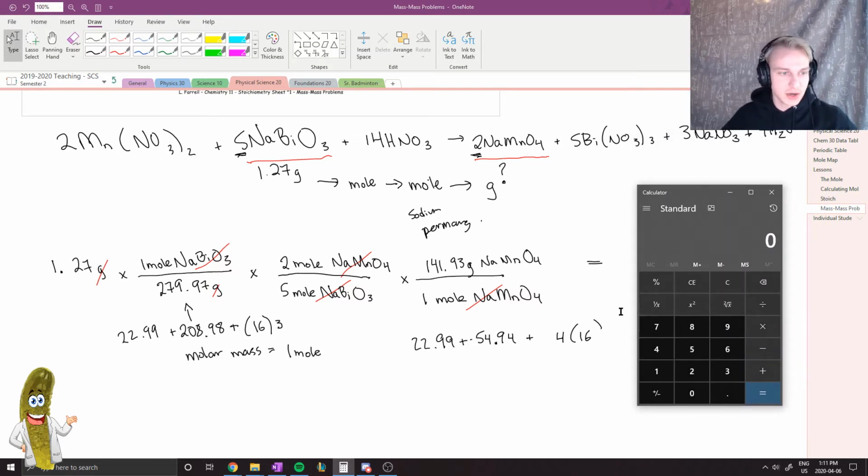So I'm going to take 1.27 and divide by 279.97. I'm going to multiply by 2 and divide by 5. And then I'm going to multiply by 141.93. So you can see the equation that I have right there.